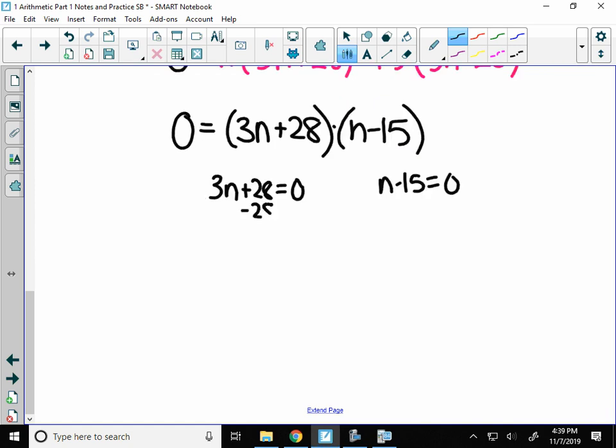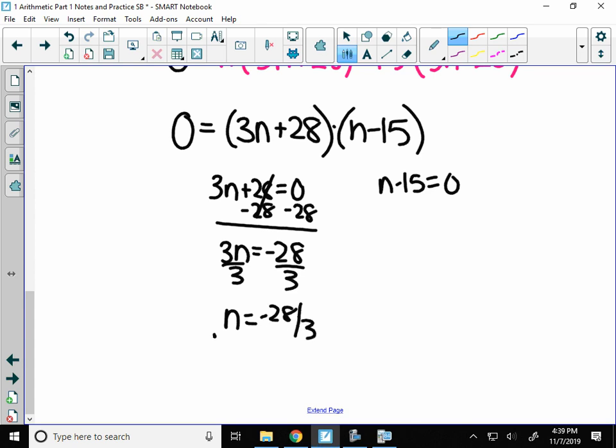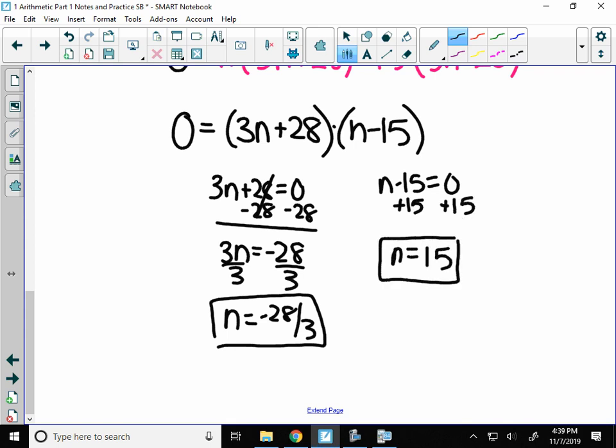On this side here, if I subtract 28, I get 3n equals negative 28. So here would be my n. Okay, that's one possible solution. Here, I just add 15 to both sides, and I get n equals 15. Two choices, which n is it, or is it both?